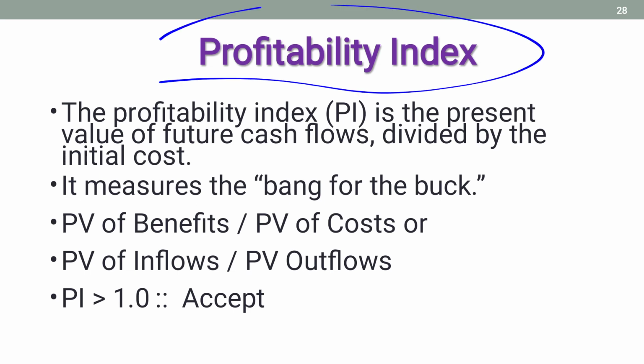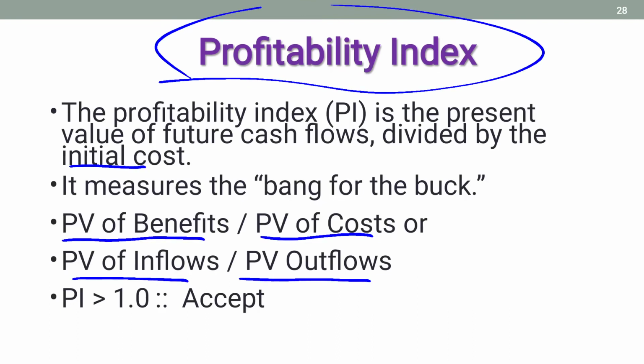Profitability index. Profitability index is the present value of the future cash flows divided by the initial cost. Right? Present value of benefit upon present value of the cost, or present value of inflows upon present value of outflow. What is the decision criteria? To accept, the profitability index, the answer of the question should be greater than 1. Right?